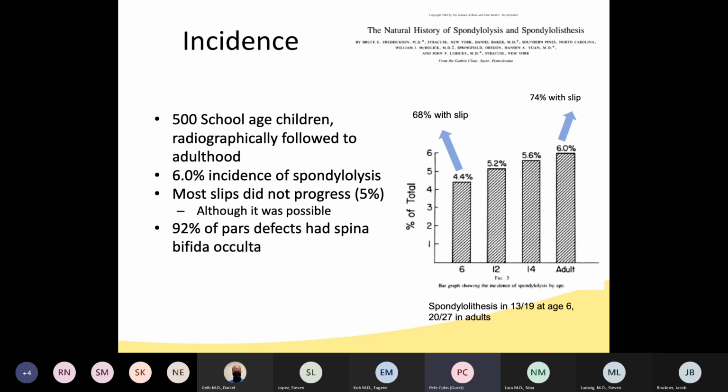Of the younger patients, there was a 68% incidence of a spondylolisthesis with that spondylolysis, and in the older patients, a 74% rate of slip with the spondylolysis. Most of these slips did not progress, and of these initial spondylolysis found, 92% of these pars defects had spina bifida occulta.